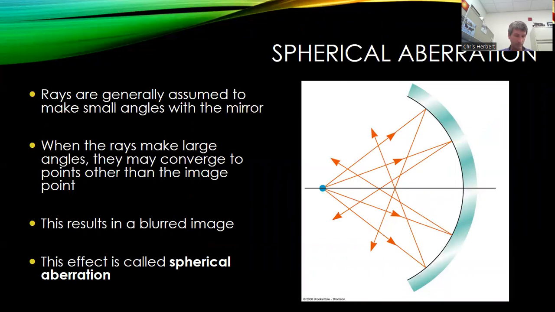Now again, spherical mirrors are not the ideal shape. They do get spherical aberration. And the reason for that is the outermost part of the mirror's surface is actually too curved. And what that does is it focuses the light closer to the mirror than it would otherwise do. And that creates a focus that's not well defined.